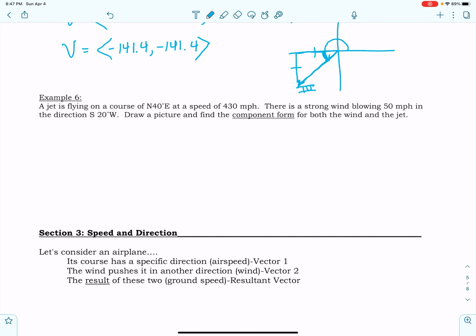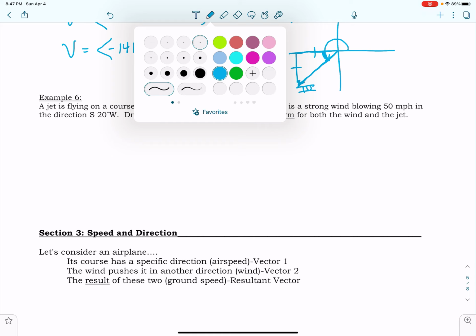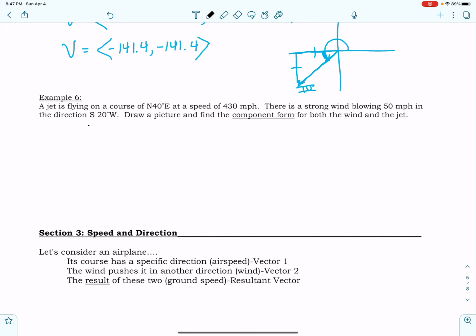It's a little more challenging. You're welcome. All right, so I'm going to switch colors here, and I'm going to draw my XY coordinate plane. This one's going to be a little bit trickier. North, east, west, south.